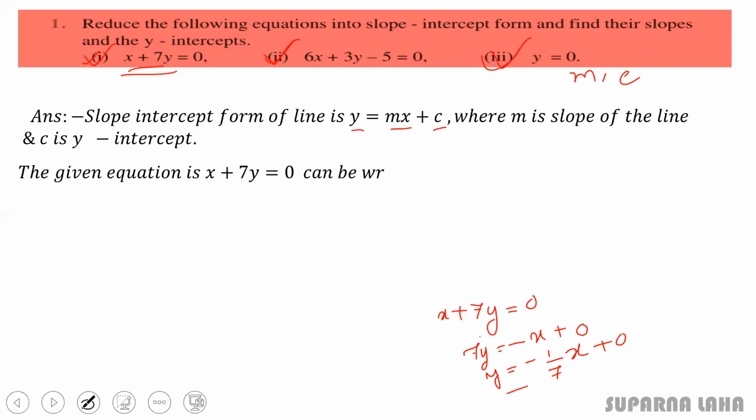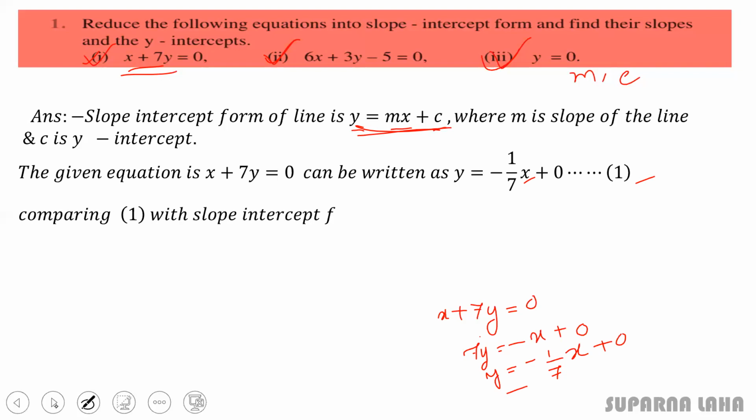Now if we compare this equation, y equals minus 1 by 7 into x plus 0, with the equation y equals mx plus c, what will you find? The coefficient of x and the constant term will be equal. The coefficient of x is m here, and here it is minus 1 upon 7.